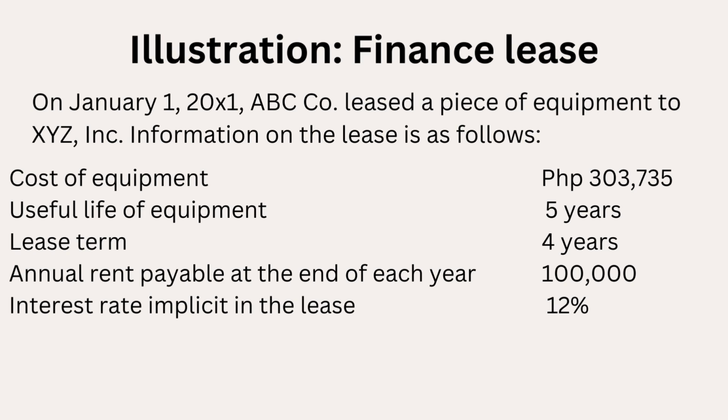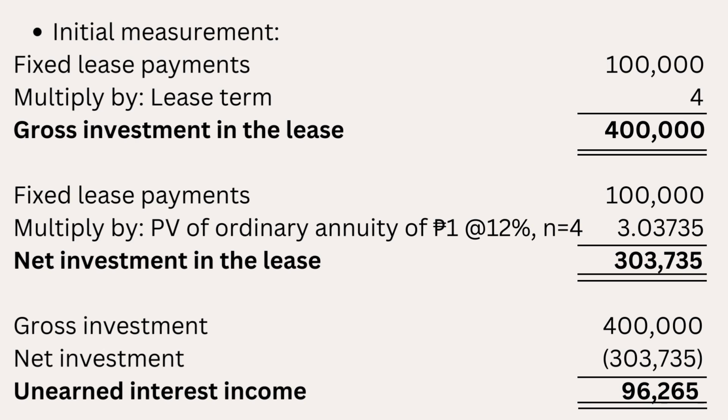Yung useful life of equipment ay 5 years. Yung lease term is 4 years. Annual rent payable at the end of each year is 100,000. Interest rate implicit in the lease is 12%. Finance lease ang gagamitin dahil 5 years ang useful life.